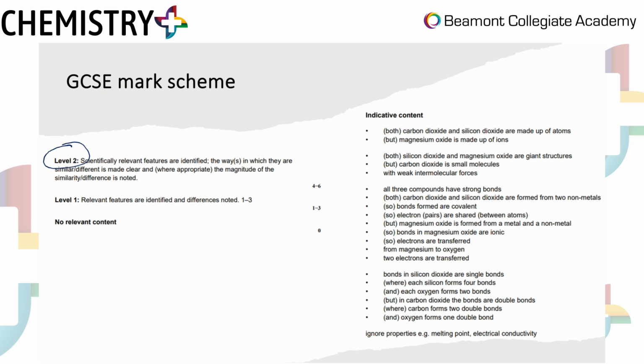Carbon dioxide and silicon dioxide are both formed from non-metals, so they are covalent. What else have you put in your table? Can you identify this on the GCSE mark scheme?